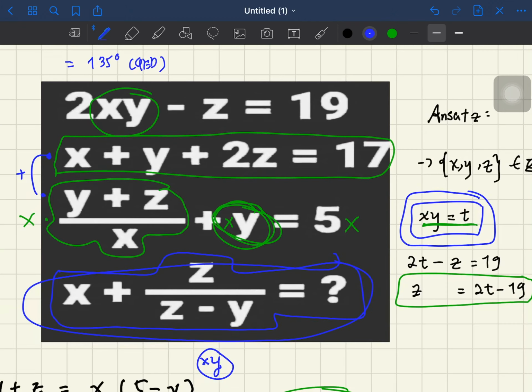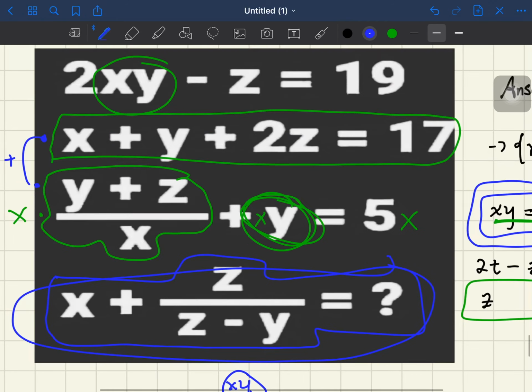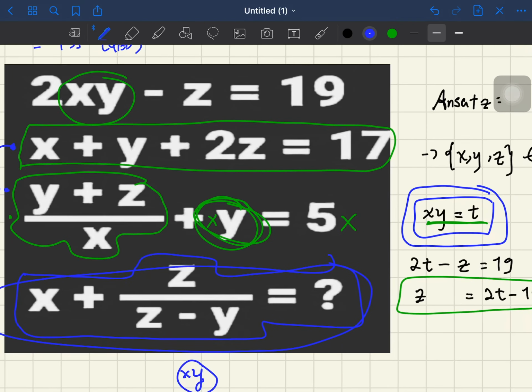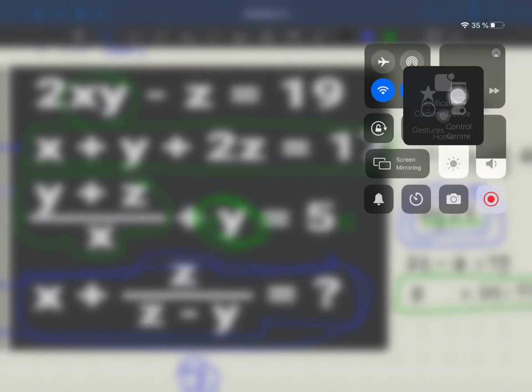Alternatively, you don't have to really solve for the values of x, y, and z. Instead, we can just transform x, y, and z into functions of t, which is xy, and then you will get the same answer. And that's all.